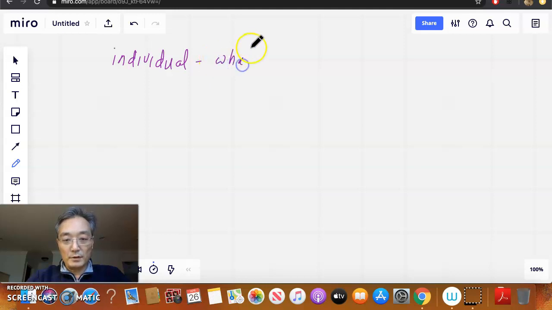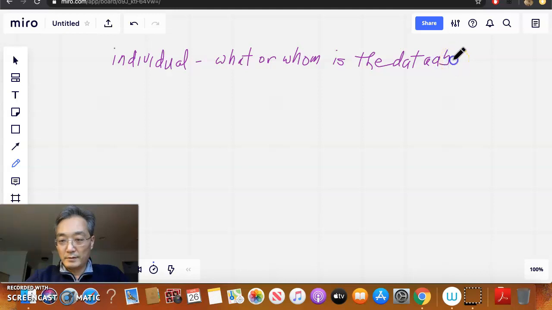What or whom is the data about? Sorry, there's a lot of lag here. What or whom is the data about? So you can say the main character of the data. It's basically the main character of the data.